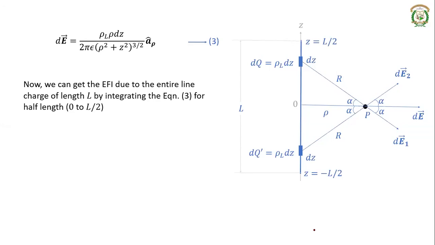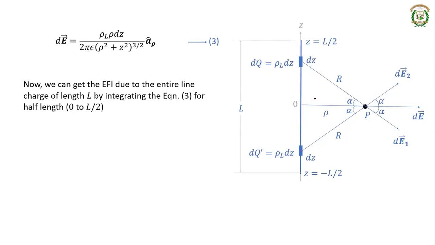When we integrate, we need to consider only one half of this length, because when we considered one elemental charge on the positive z axis, we also considered a symmetrical charge on the negative z axis. For every charge that you take on the positive z axis, we have already considered the equivalent charge on the negative z axis.